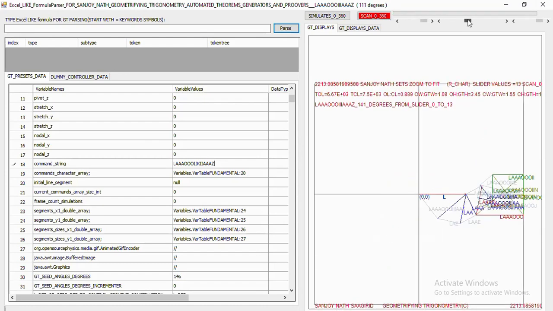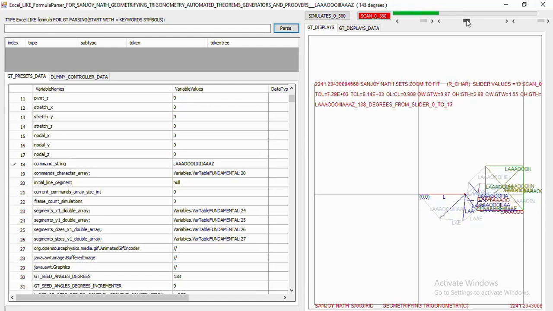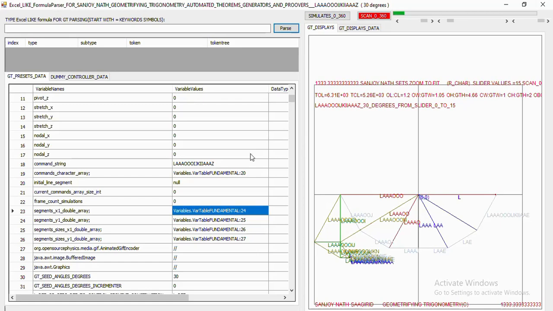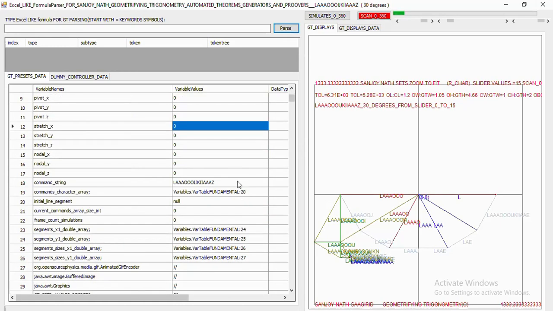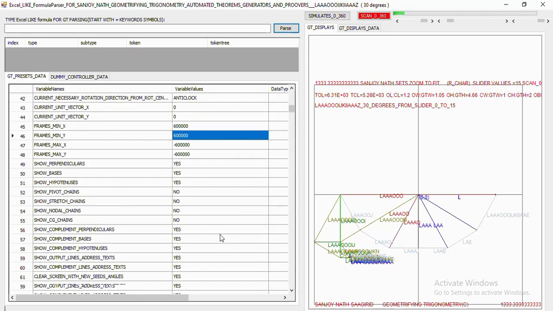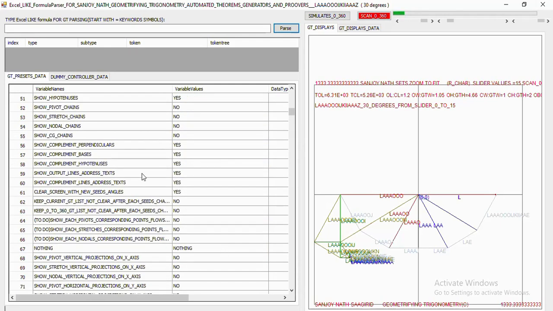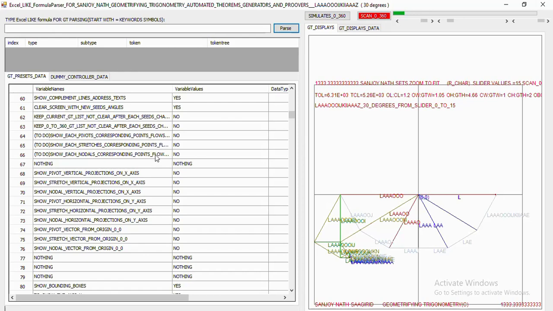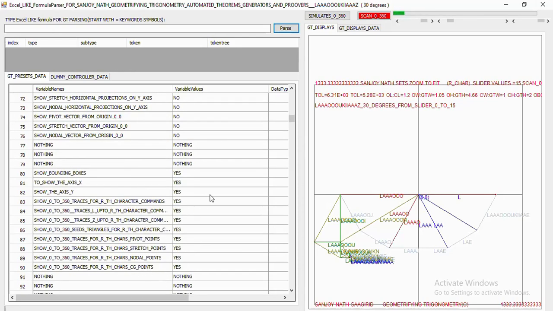New kinds of patterns will come out. If you don't want these jungles of the addresses of the line segments, then you can put N here so that the texts will not be shown. You can see the text values for each line segment, the texts are shown here.